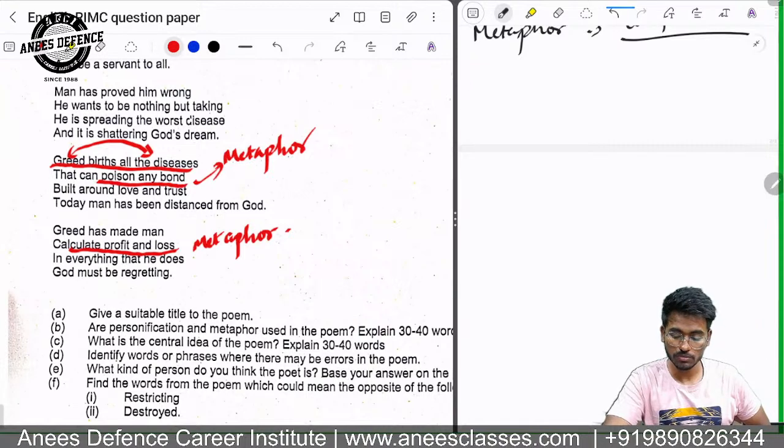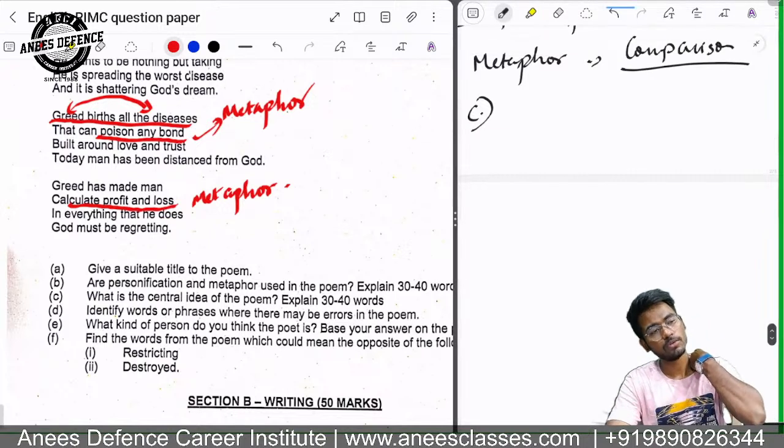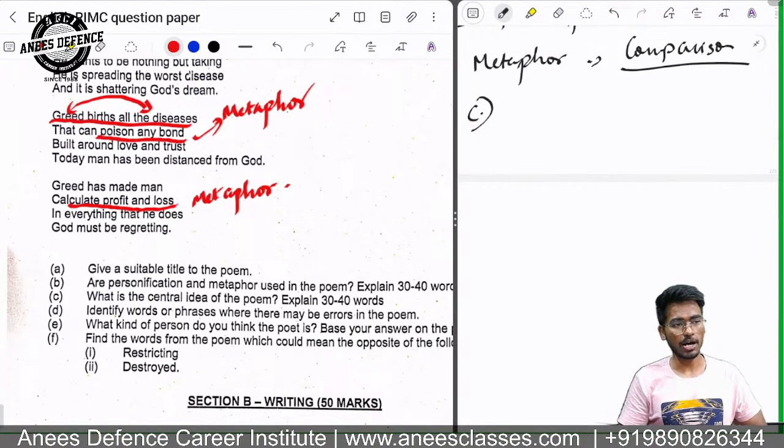So the C portion, we'll see. What is the central idea of the poem? Explain in 30-40 words. The central idea of the poem I had told you at the beginning of the poem only, that is, how God made people and what was their purpose.